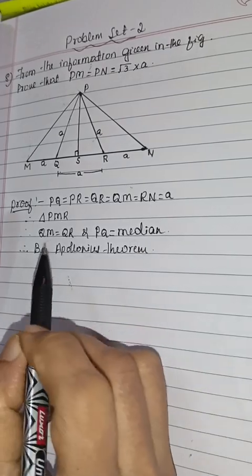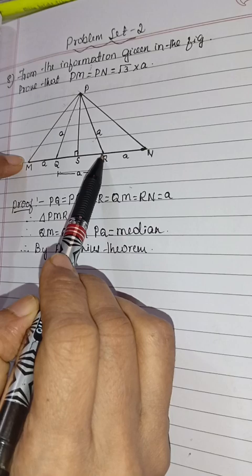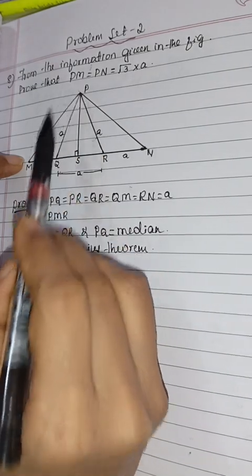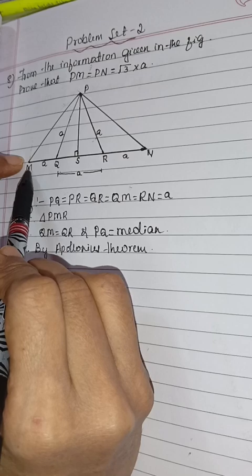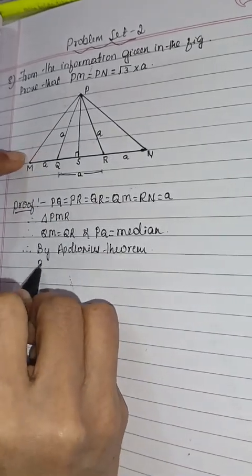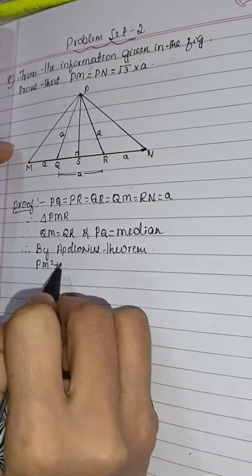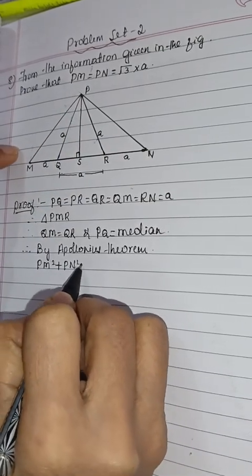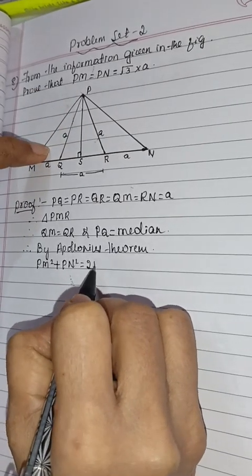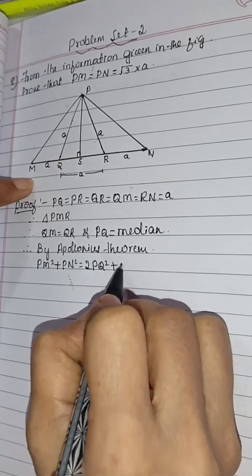what is the formula? Apollonius theorem: PM square plus PR square equals 2 PQ square plus 2 QM square. So PM square plus PN square equals 2 PQ square plus 2 QM square.